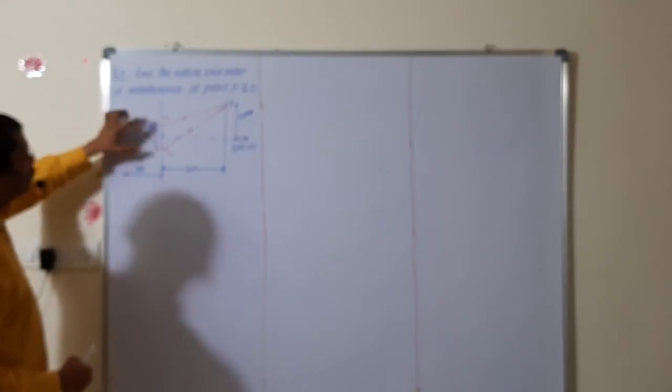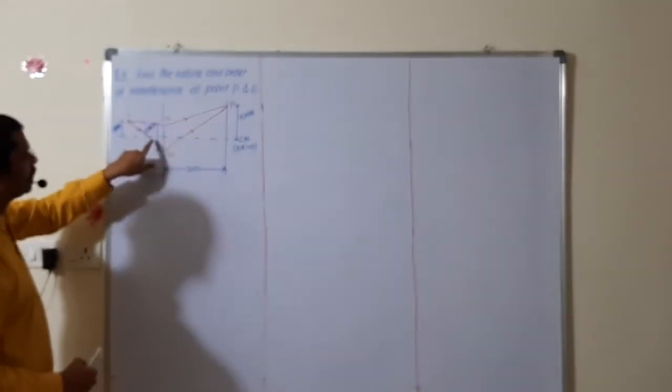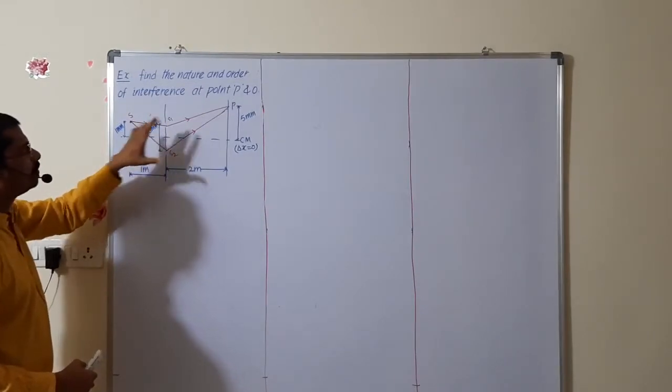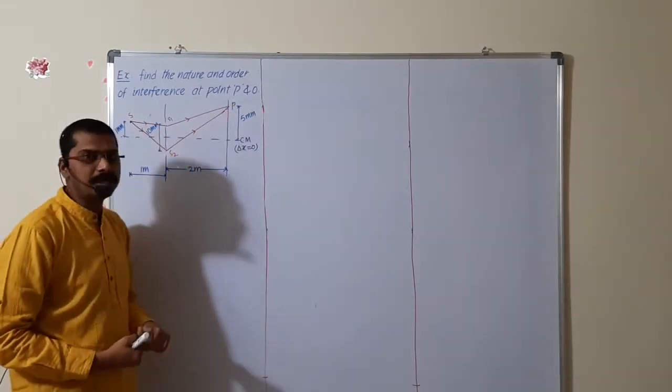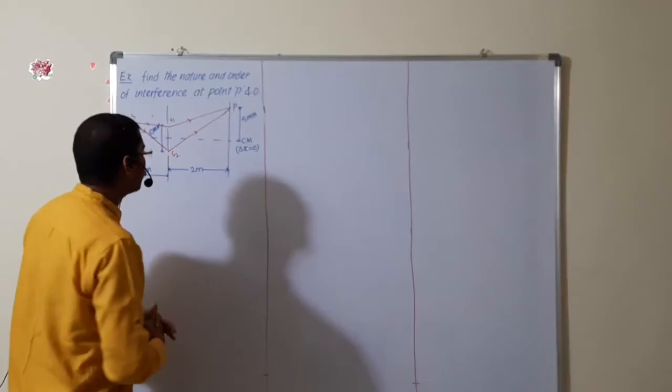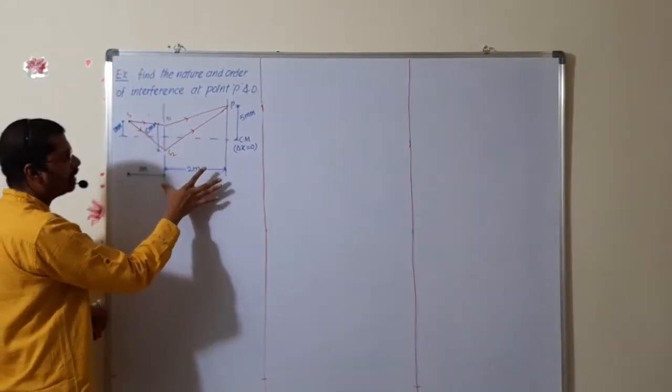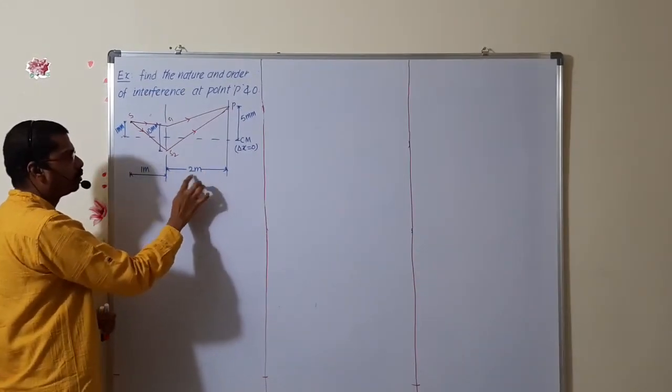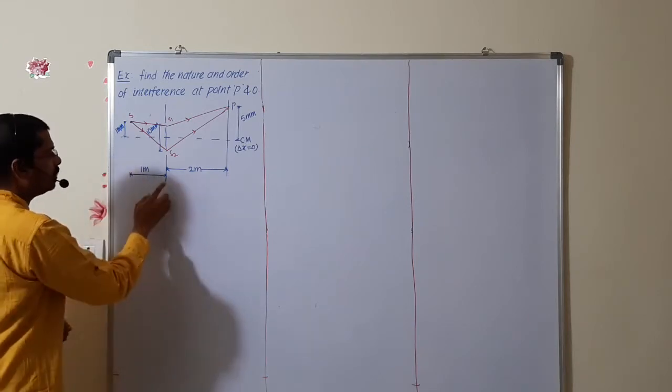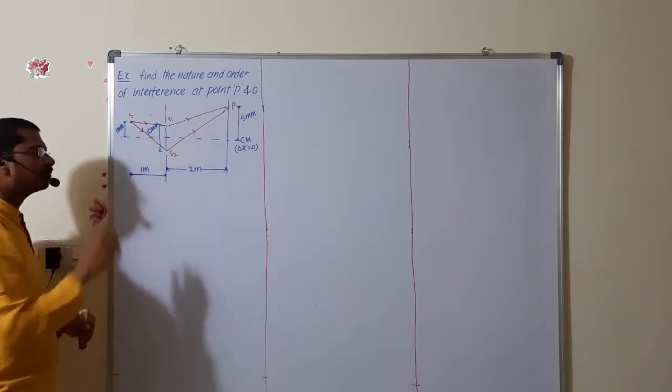The two slits are separated by a distance of 10 millimeter, and the position of the fringe is 5 millimeter. The distance between the screen and slit is 2 meter, and the distance between slit and source is 1 meter. Now we have to find the nature and order of interference at points P and O.